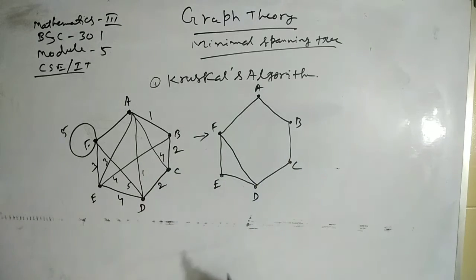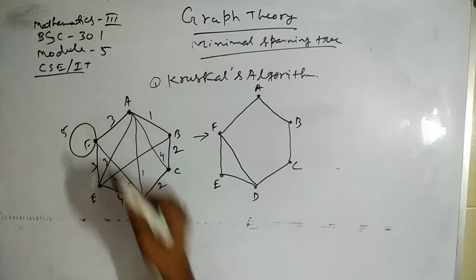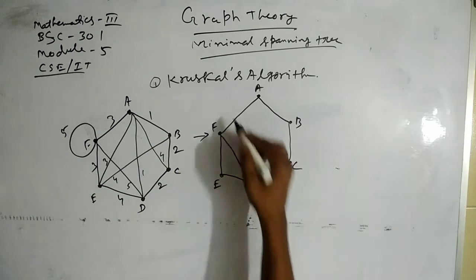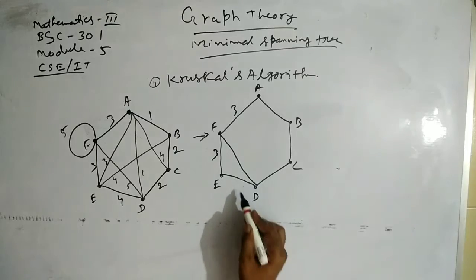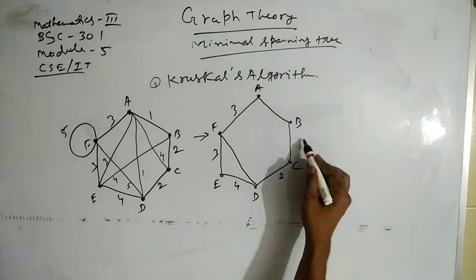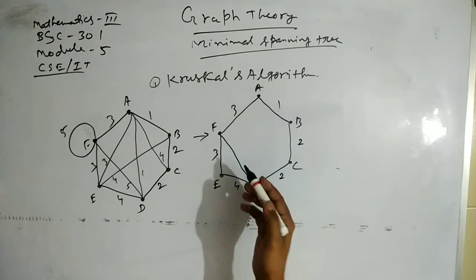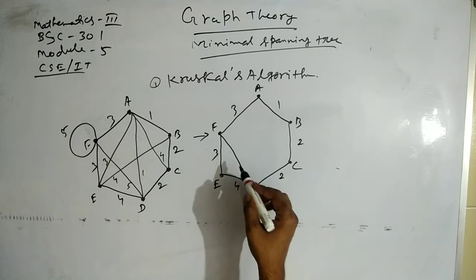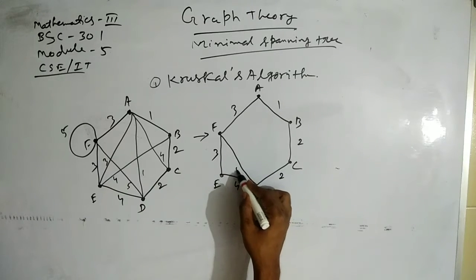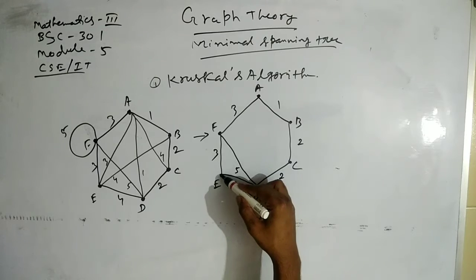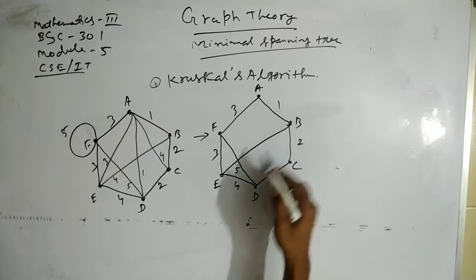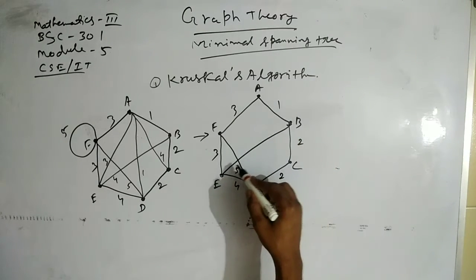Okay, the weight of this edge was 3, 3, 3, 4, 2, 2, 1. So after eliminating this edge, this will be 5, EB, these are all the same, there is no change.